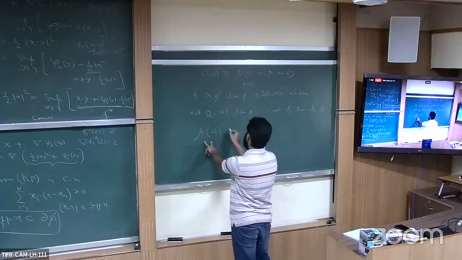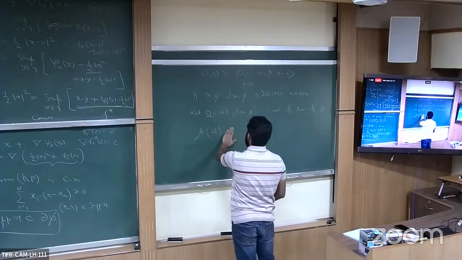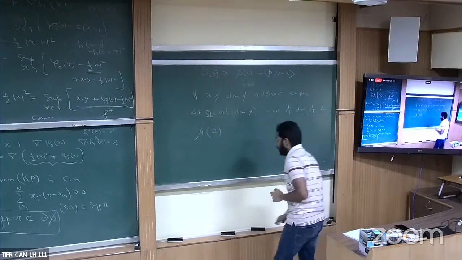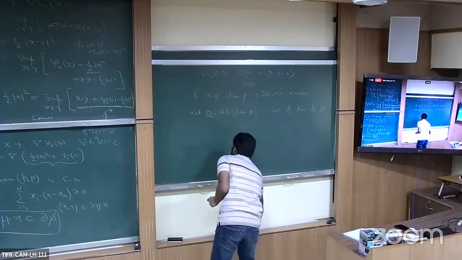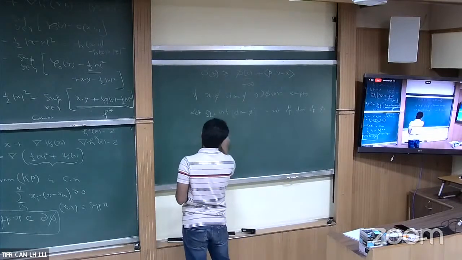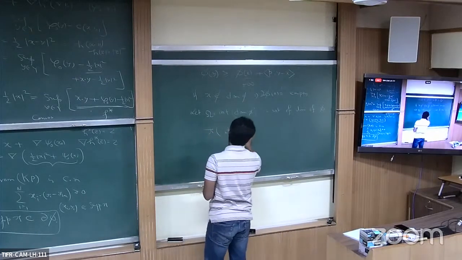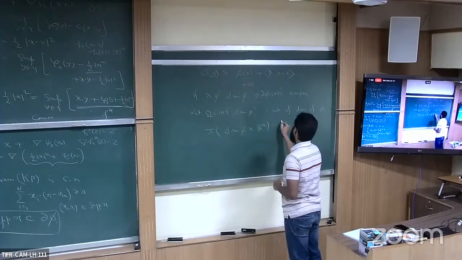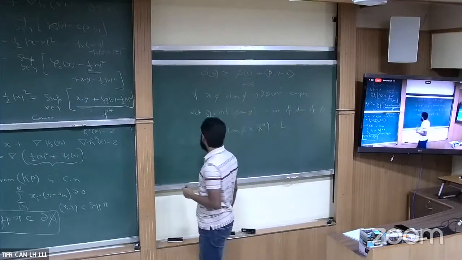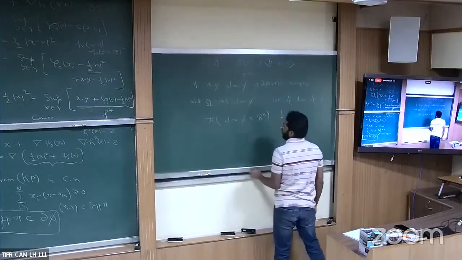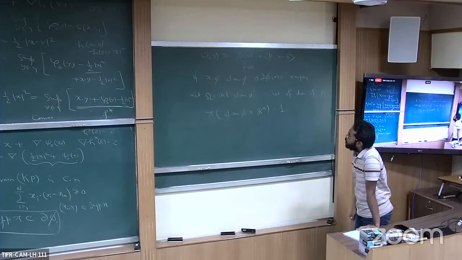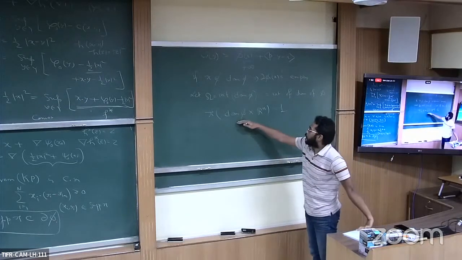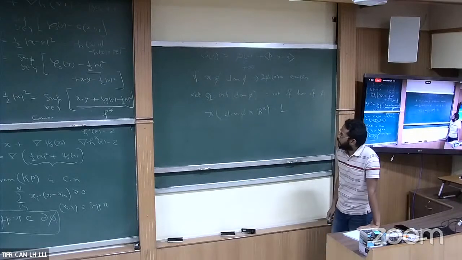So pi of the set where x is not in the domain of phi, cross R^n, has zero mass, because the subdifferential is empty if x does not belong to the domain of phi.